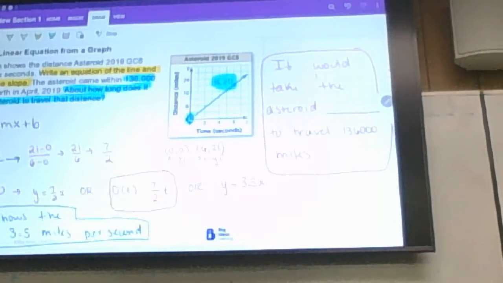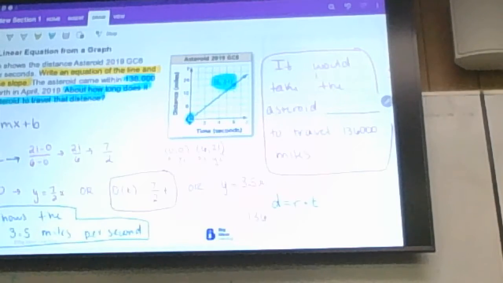I got my sentence ready. Okay, how am I going to figure this out? Well, I know distance equals rate times time, and you don't have to do that. You guys can come up with this totally logically. You don't have to use the formula. But I can.